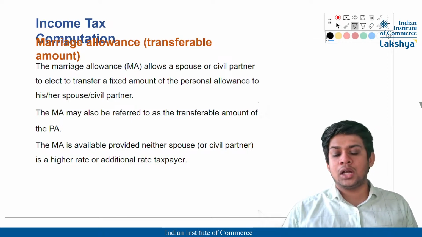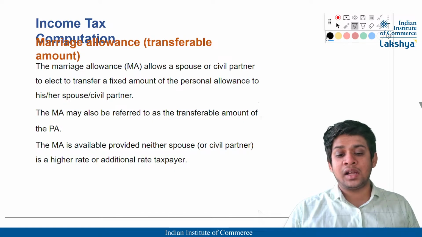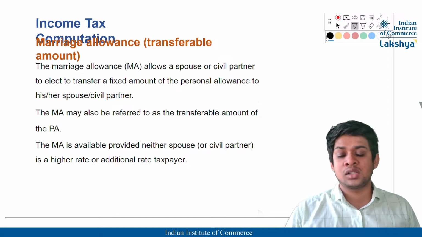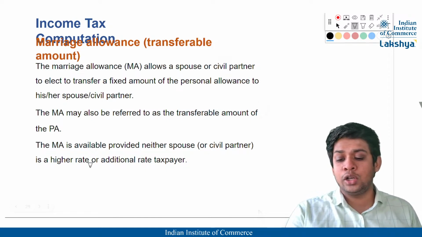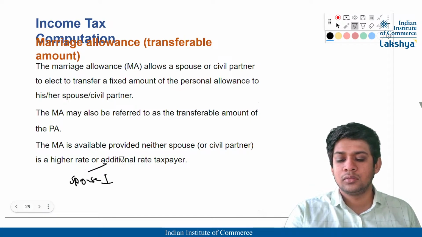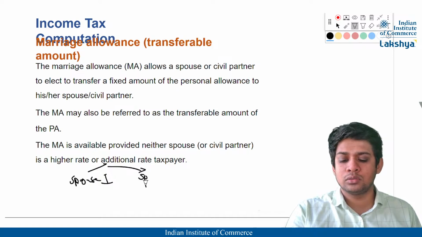Now, marriage allowance. Marriage allowance is a specific allowance given to the married couple and also to the civil partners who elect to transfer an amount of their personal allowance to his or her civil partner or spouse. So maybe, as I told you, a married couple, there is spouse 1 and there is spouse 2.